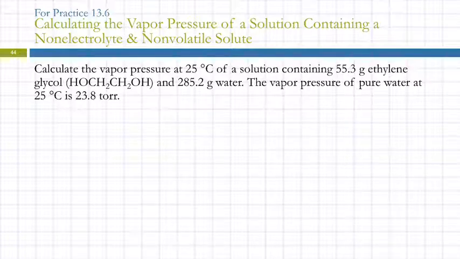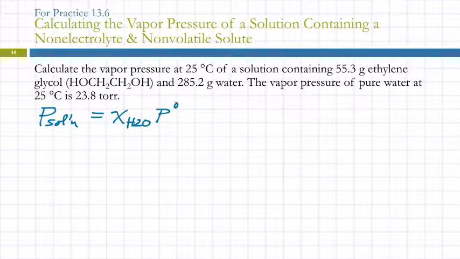So we want the vapor pressure of a solution. So we need to use Raoult's law. So the vapor pressure of the solution is equal to the mole fraction of the solvent. What's the solvent here? Water.